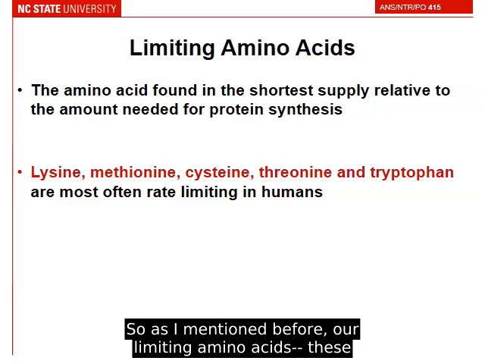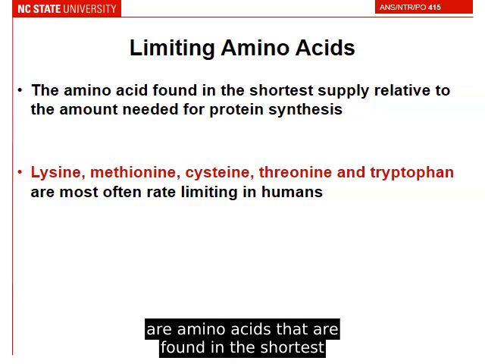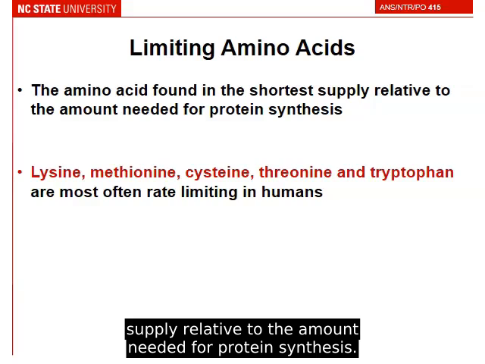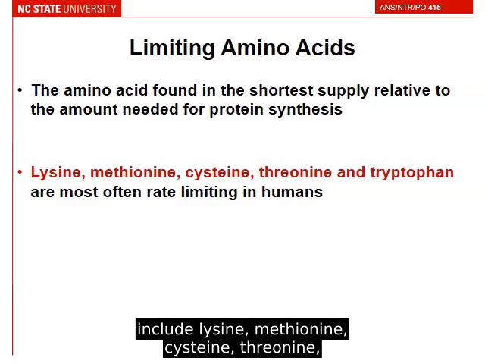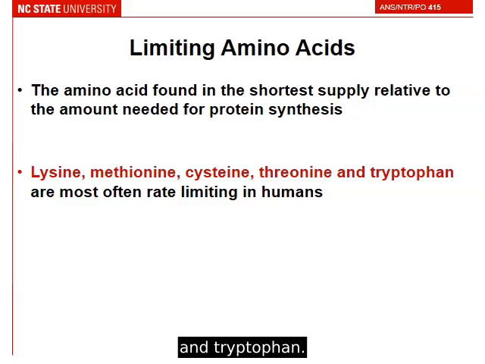As I mentioned before, our limiting amino acids are amino acids that are found in the shortest supply relative to the amount needed for protein synthesis. The most common ones that we are dealing with include lysine, methionine, cysteine, threonine, and tryptophan.